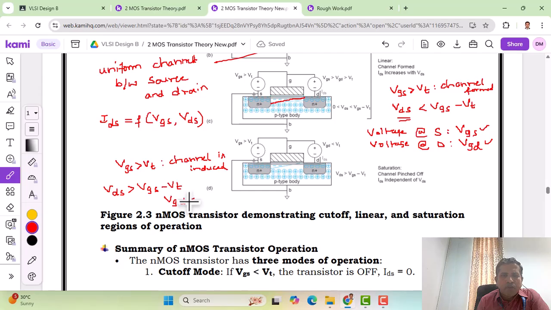Unlike here, in the linear region, VGD is greater than VT.